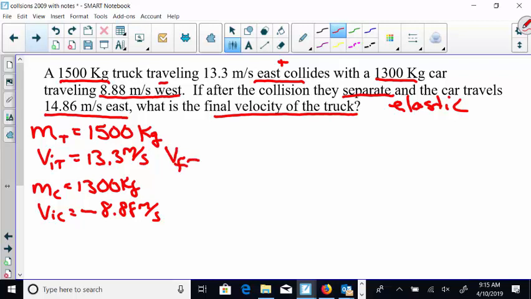We know the final velocity of the car, which is to the east, which means it is a positive 14.86 meters per second. So getting all of those directions is important.